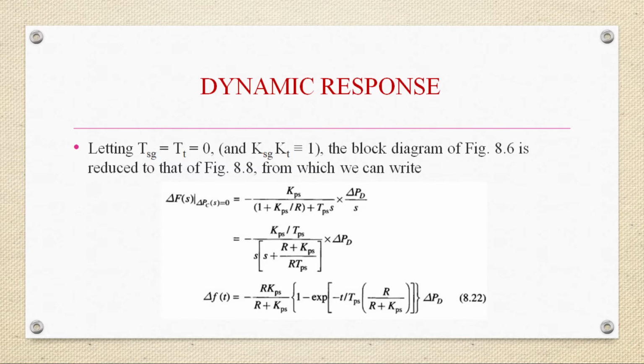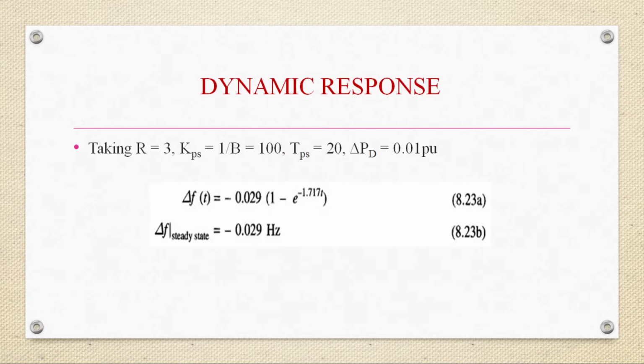We can now take the inverse Laplace transform, converting delta f of s into delta f of t: minus R Kps by R plus Kps into 1 minus e power minus t by Tps times R by R plus Kps, into delta Pd. Now we take R equal to 3, Kps equal to 1 by B, Tps equal to 20, and delta Pd is 0.01 per unit.